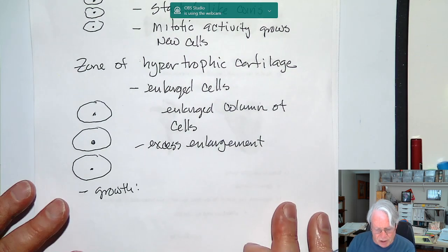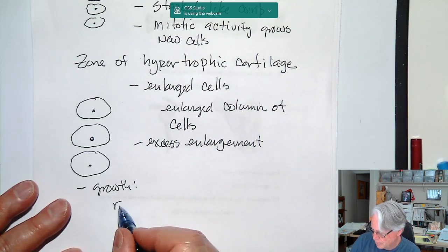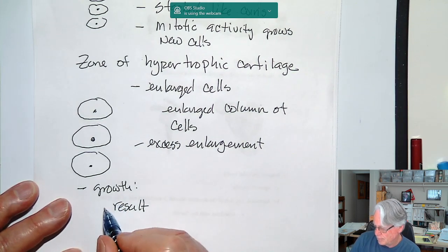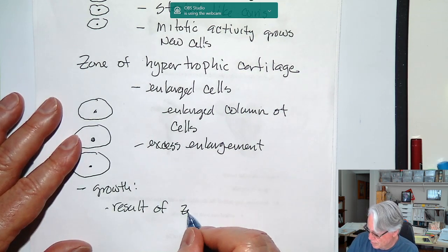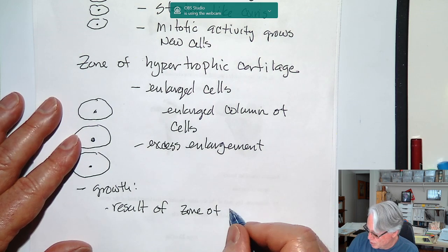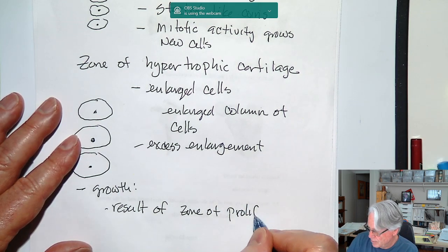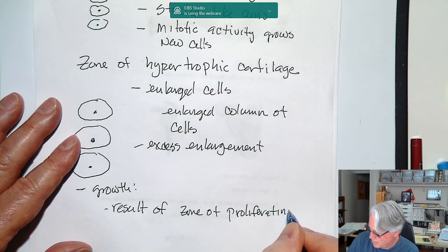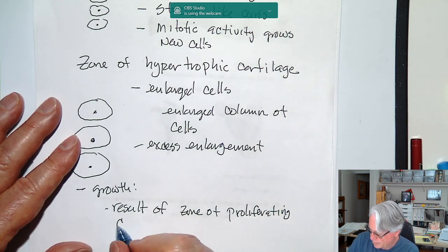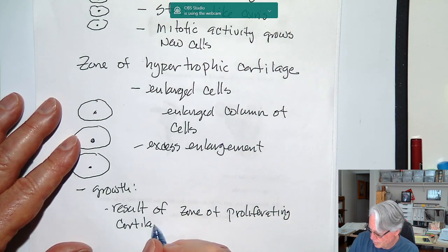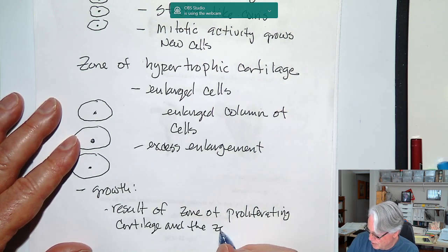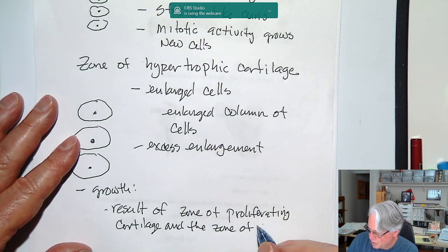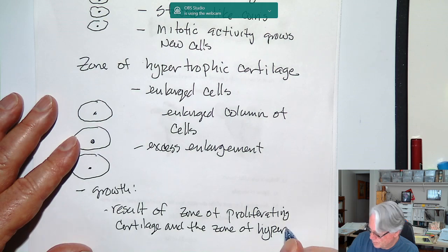Okay, so growth is the result of the zone of proliferating cartilage and the zone of hypertrophic enlargement.